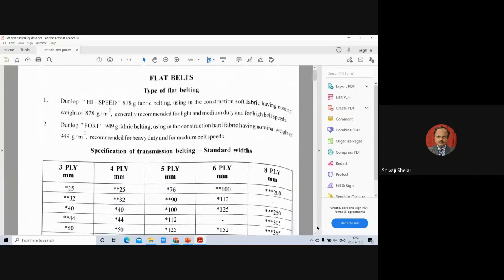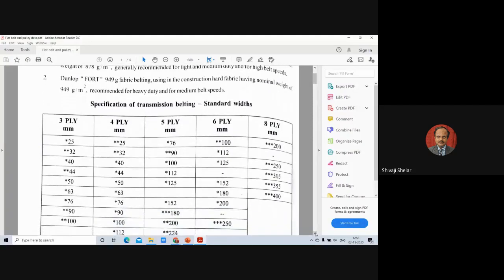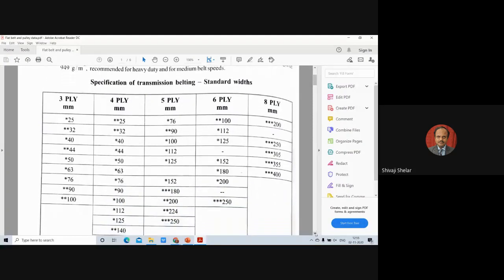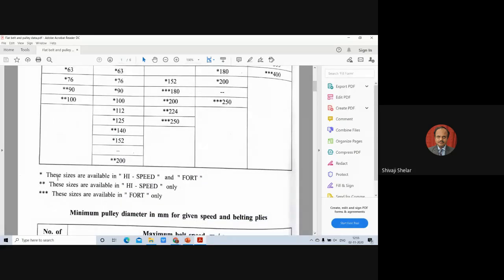Okay, so this is the standard width specification of transmission belting. So these are the widths available here. So there are single stars and double stars. Single stars indicate that these sizes are available in the Dunlop belt in the high-speed category as well as the sports category. Different material categories are there.